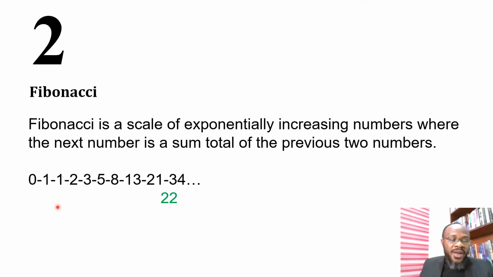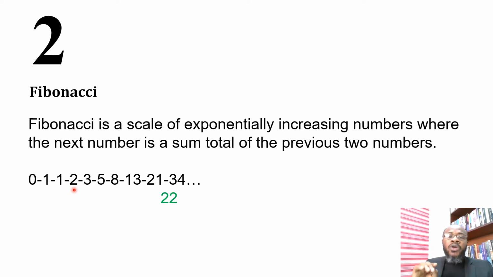When you pick this number 1 here and compare it to the next number, which is the 2 here, you see that this 2 has been generated because of the sum total of the previous two numbers. So when you compare this 2 to the previous number, which is 1, the difference is 1.